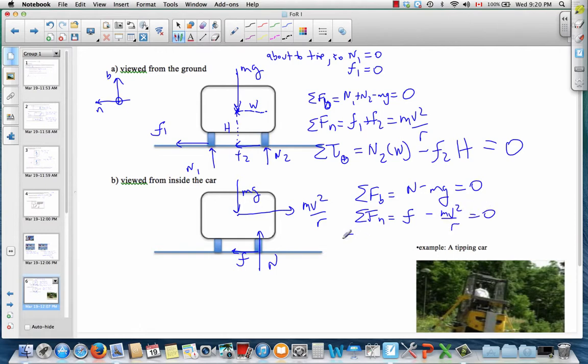And then when we sum the torques about the center of mass, we again get a friction force acting a distance h away from the pivot, and this normal force acting a distance w away from the pivot.